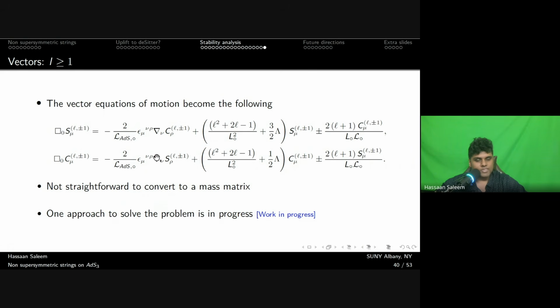Suppose that these terms do not exist. Then you will have the Laplacian of something equals some coefficient times the vectors, and that will be fine. But these terms make it difficult to make them into a mass matrix. Now, there is one approach that we are working on right now, and that approach may tell us if the BF bound is violated or not.